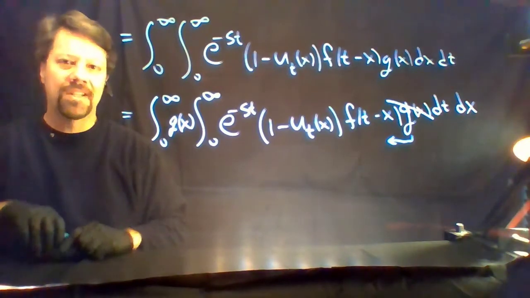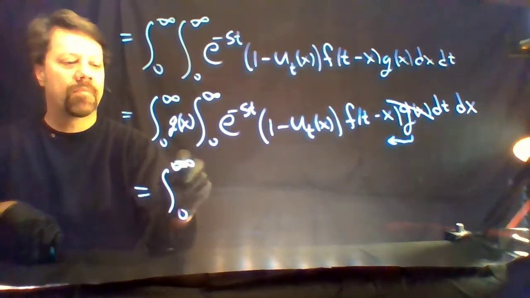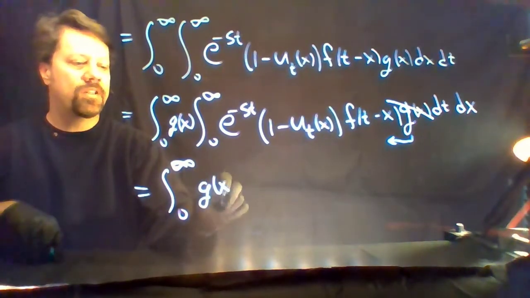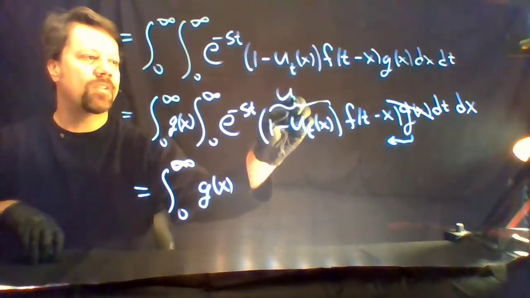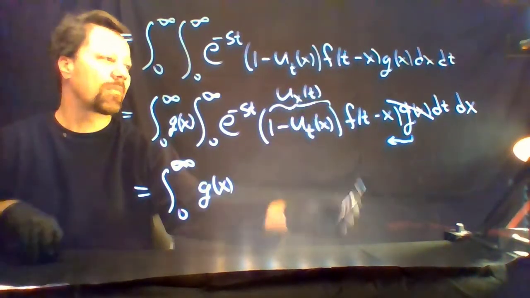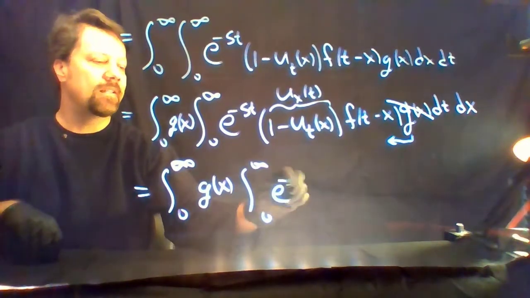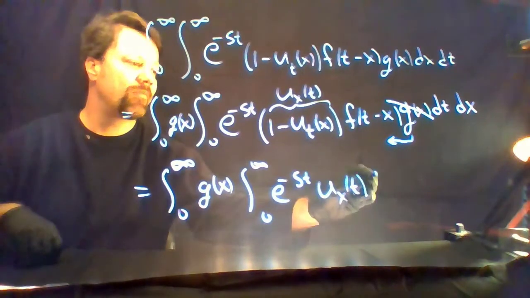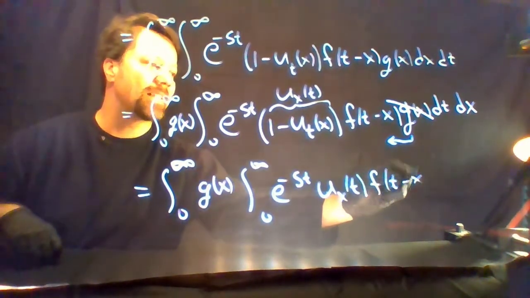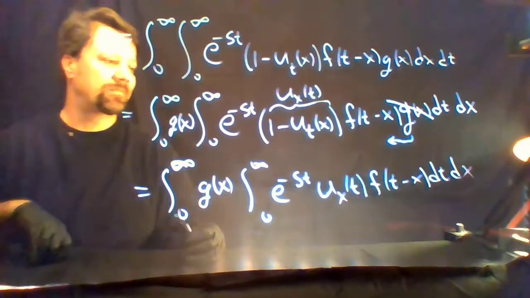It follows then that we can rewrite this integral as the integral from 0 to infinity g of x. If this is expressed as ux of t, we'll have the integral from 0 to infinity e to the minus st ux of t f of t minus x dt dx.